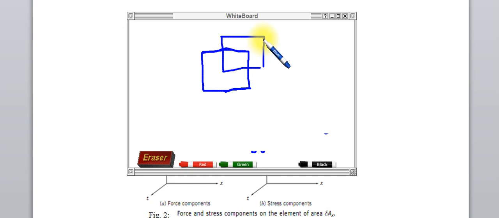I don't have a proper hold on this marker, so the graph will not be fair, just a rough graph. Now you can see this is your x-axis, this will be your y-axis, and this will be your z-axis.